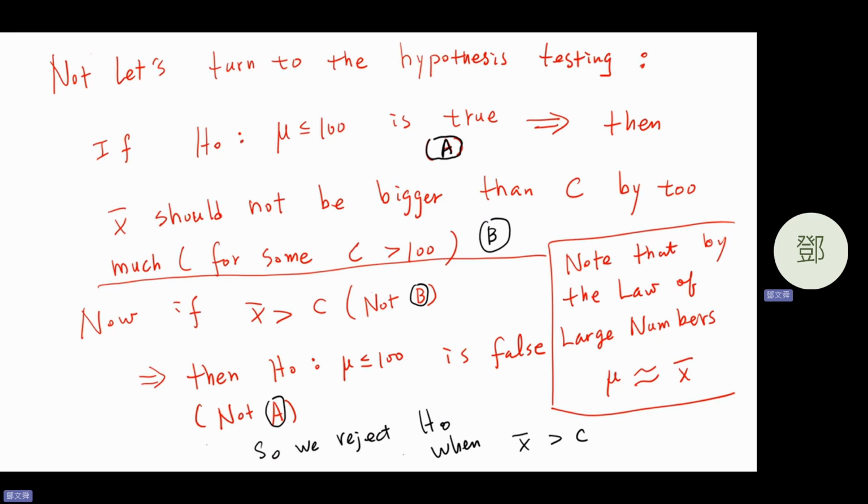So we should reject the null hypothesis when X bar is too big, and accept H1. This means we should accept H1.